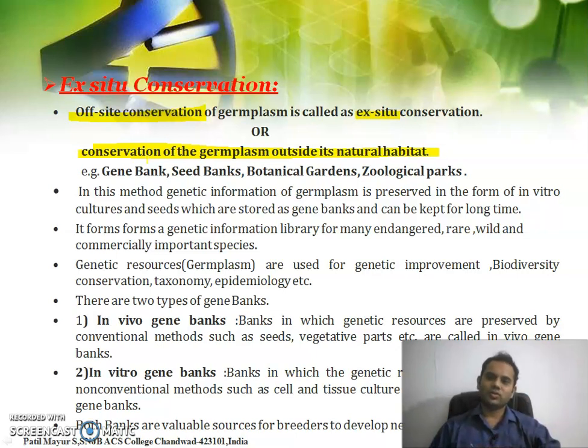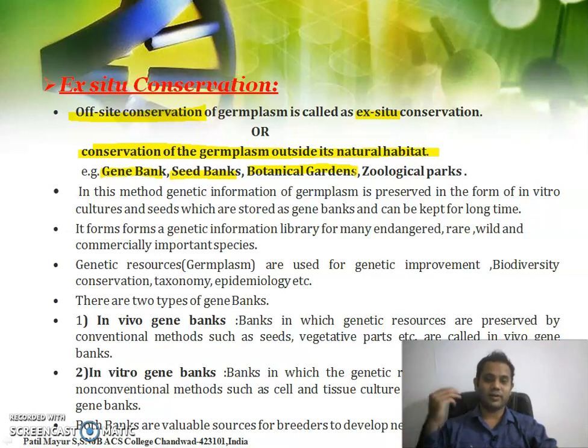Okay, so if we see examples of it, different types of gene banks and seed banks are there. Then botanical gardens, which we developed in our college also. Botanical gardens are where the plants are brought from some other place.